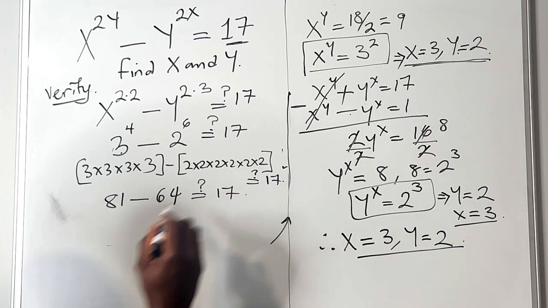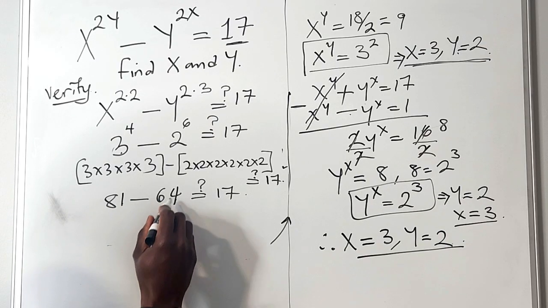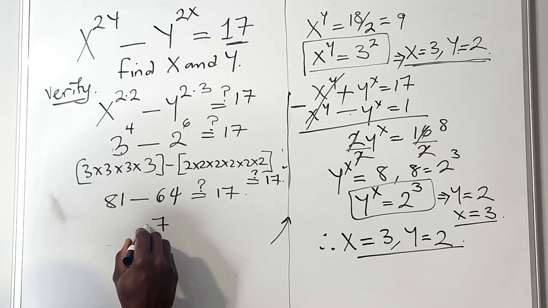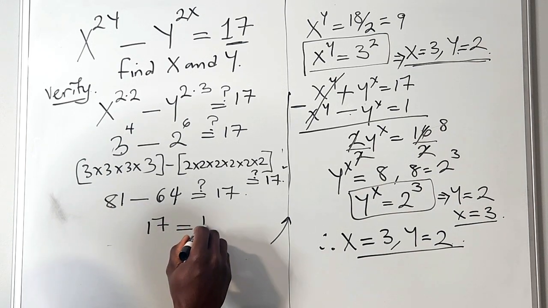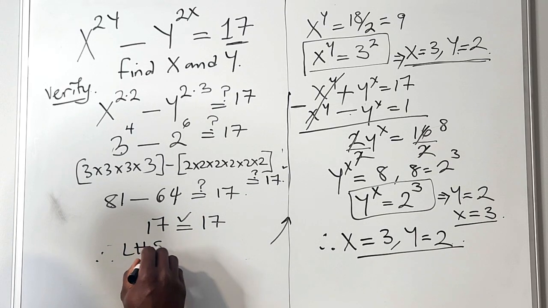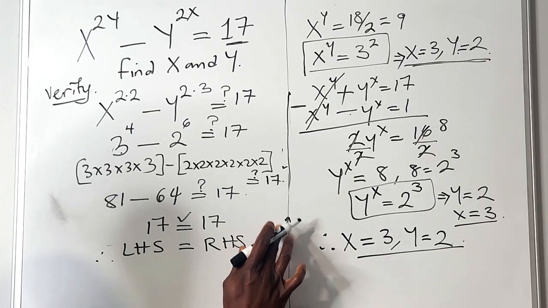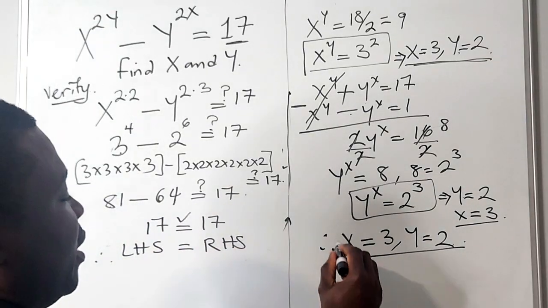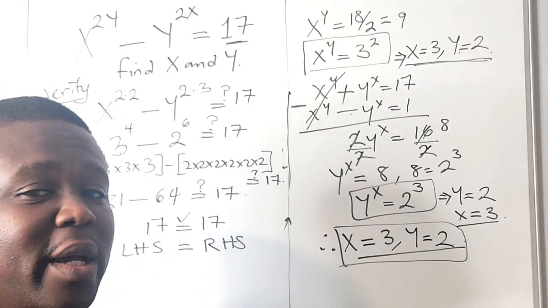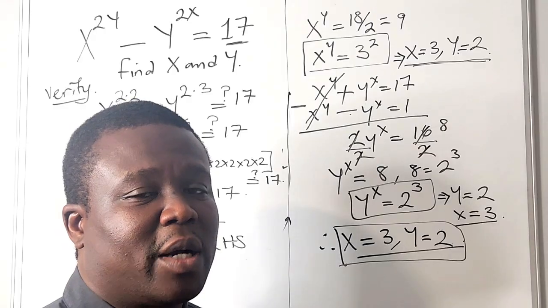Is this equal to 17? Now, 81 minus 64 is 17. Therefore, our left-hand side is equal to our right-hand side. So therefore, our values for x and y, x equals 3 and y equals 2, are correct.